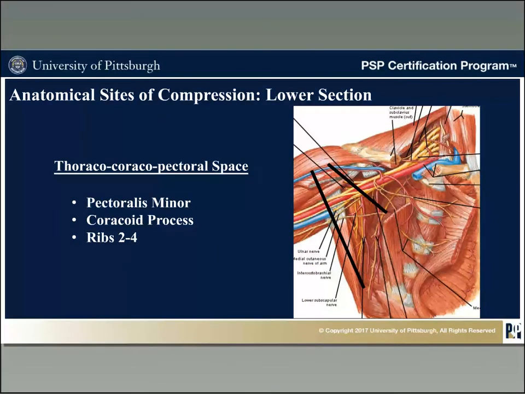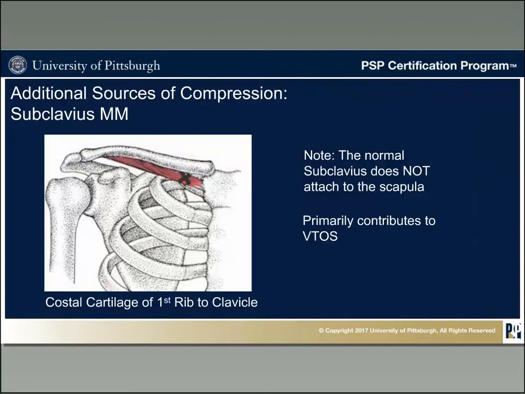In the lower section of the thoracic outlet is the thoracocoracopectoral space, primarily defined by the pectoralis minor, the coracoid process, and ribs 2 through 4.